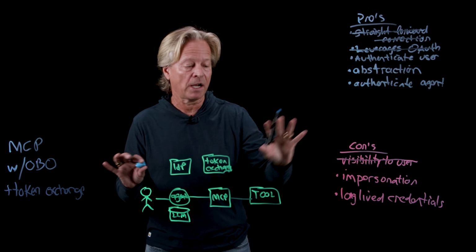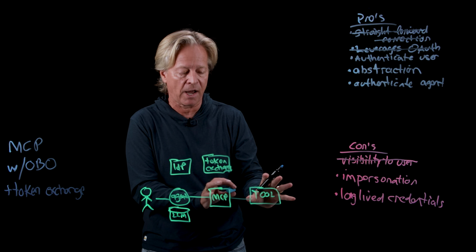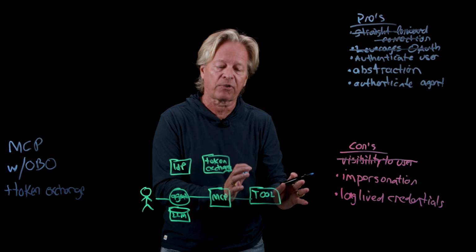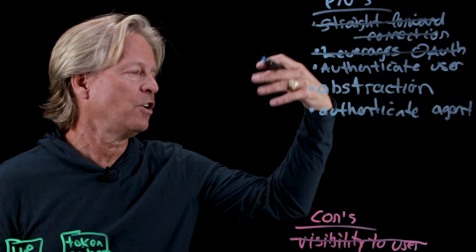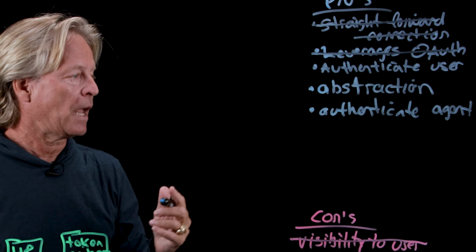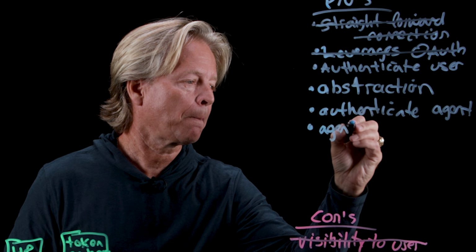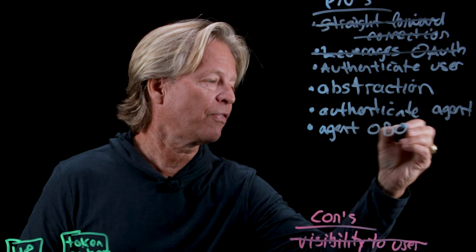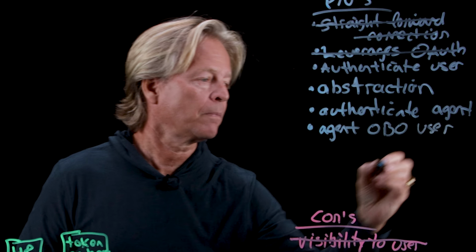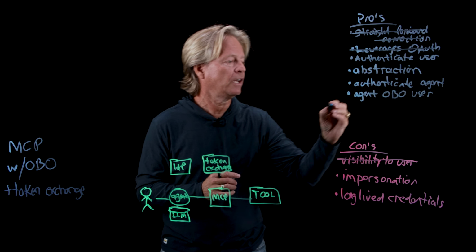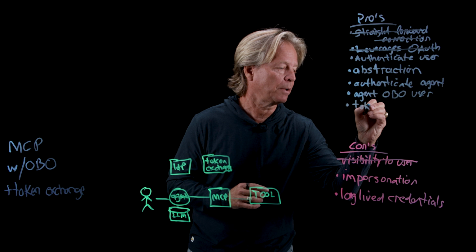We're actually now not going to just totally rely on OAuth as an application. Now we're going to start building out a token flow. And so now we have an authenticated user. We have an authenticated agent. We also have the agent operating on behalf of the user. So this is really nice. Now we're bringing this into the mix of everything, and we've added a token propagation.